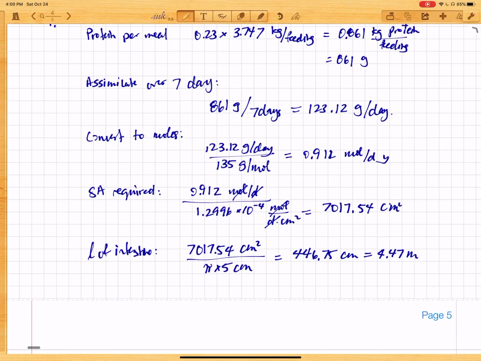And so that seems much more reasonable and comes out to approximately 2/3 its length. 2/3 times 5 meters is about 3.33 meters. So this is much closer. Yeah, and that's the end of the problem.